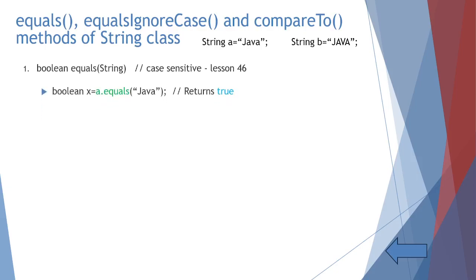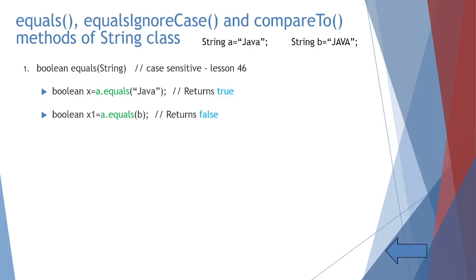Then we can use boolean x = A.equals("Java"). A has "Java" and we are sending a parameter, that is a string "Java". Both of them are equal, so it returns true. Second example is boolean x1 = A.equals(B).